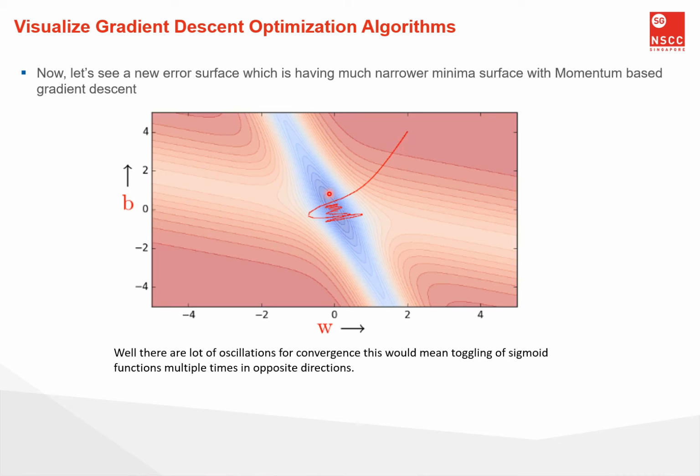Because of the momentum mechanism, you will bounce around the valley walls a lot. These are the directions of maximum gradient, so it bounces around the edges a lot before it finally settles into the lowest minimum point. This is because of the behavior of momentum-based methods.